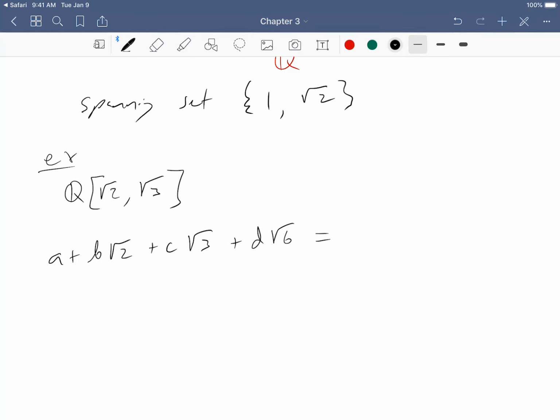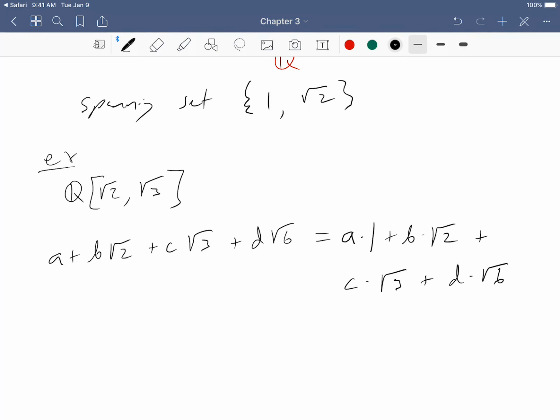And now you might be jumping to what you want to do here, which is pull this apart into pieces. I need a scalar from Q times a vector. I need a scalar from Q times a vector from Q adjoin root 2, root 3. I need a scalar and a vector, and I need a scalar and a vector.